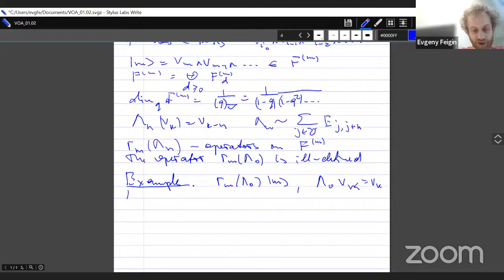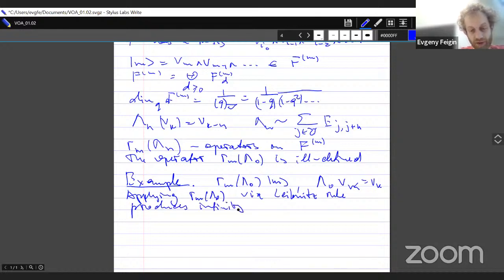Applying R_m of lambda_0 via the Leibniz rule produces infinity, meaning we have to apply lambda_0 to each of the vectors v_k and get 1 from each such v_k, which is of course no good.